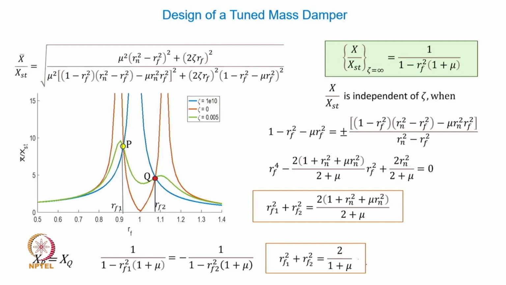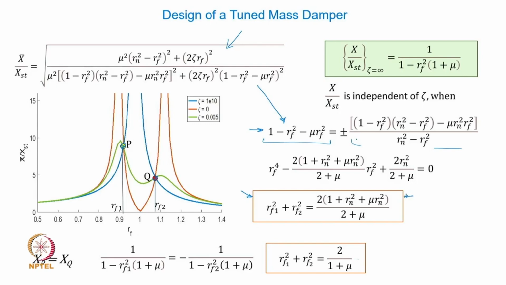Okay. So we have taken two routes. One route was to get this equation, because when this left hand side is equal to this right hand side, this particular expression is independent of zeta, which actually refers to these 2 points, and then we got this rf1 and rf2 or the summation of squared values of rf1 and rf2 to be given by this expression.